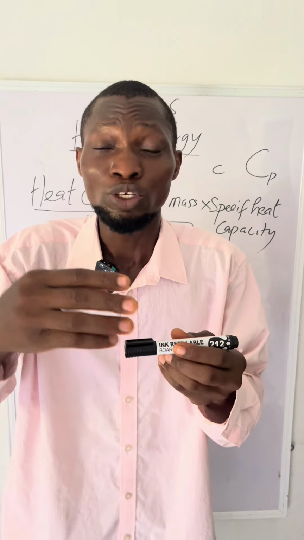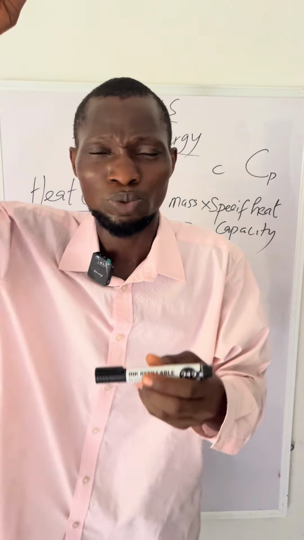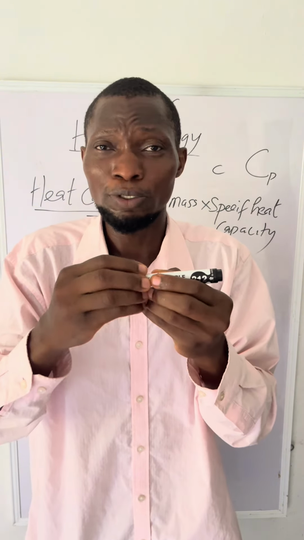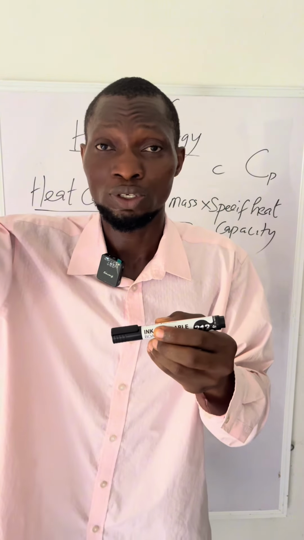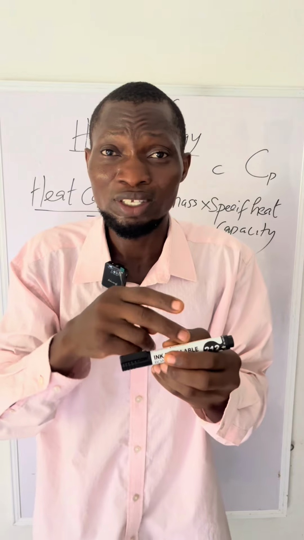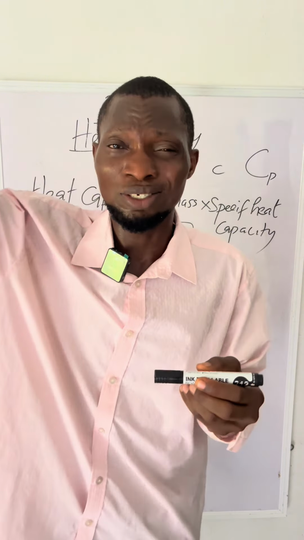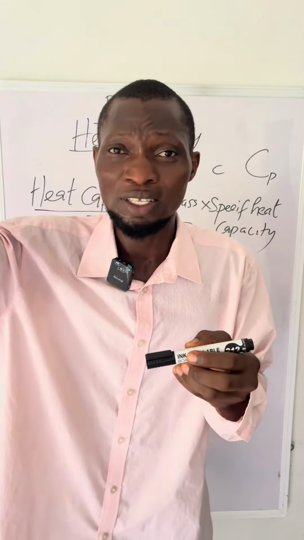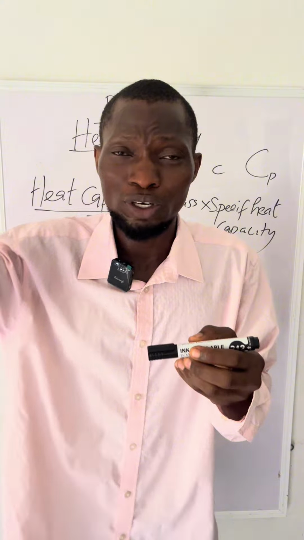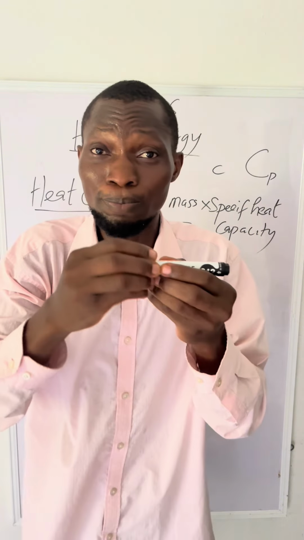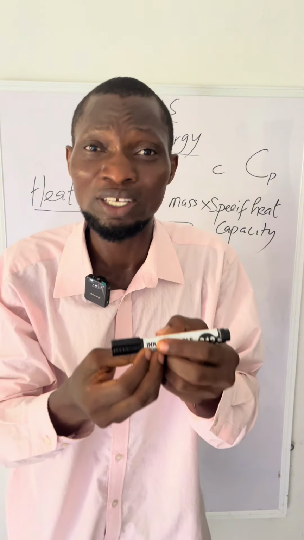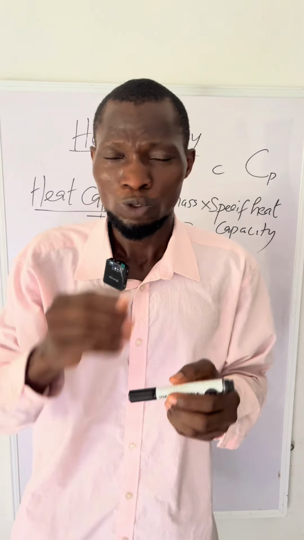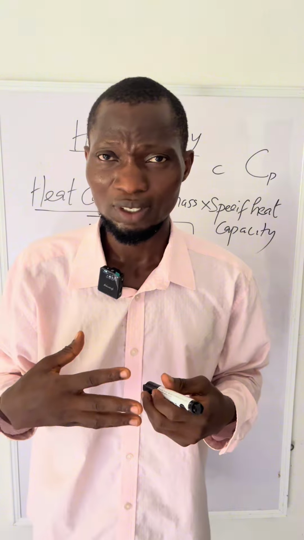Let's say you want to heat this body so that the temperature will rise by 50 degrees Celsius, and somebody else wants the temperature rise to be 100 degrees Celsius. The amount of heat you are going to apply is going to be different from the amount the other person is going to apply, because that person wants to increase the temperature by 100. So that person will need more heat compared to you, who just want to increase the temperature by 50 degrees Celsius.